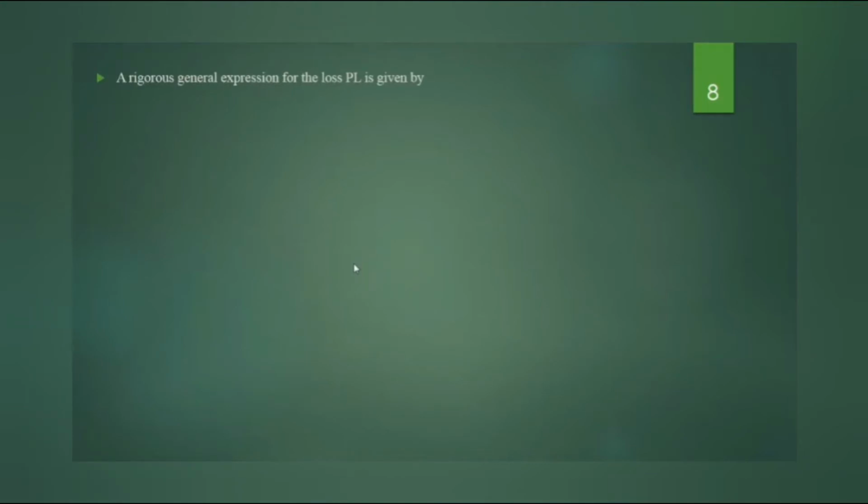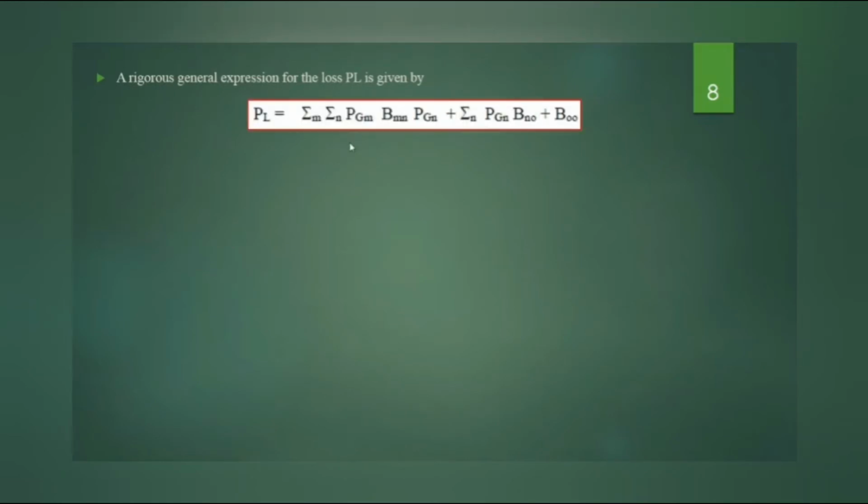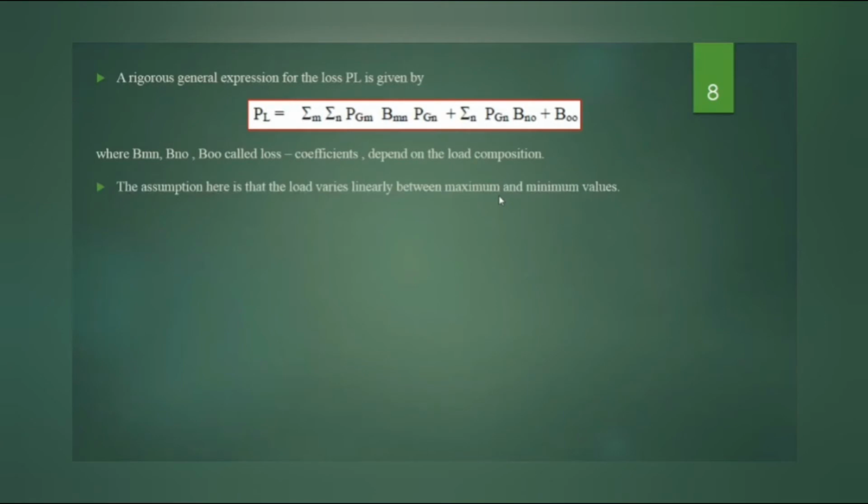A general expression for the loss PL is given by PL equal to sigma m sigma n of PGm Bmn PGn, where m is one bus and n is a second bus. So losses in between these two buses are calculated using this generalized equation, where Bmn, Bn0, and B00 are the loss coefficients. They depend on load composition.